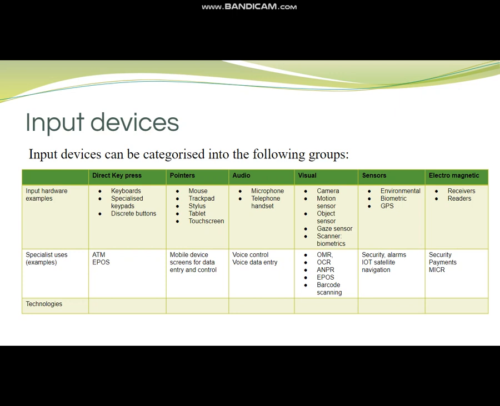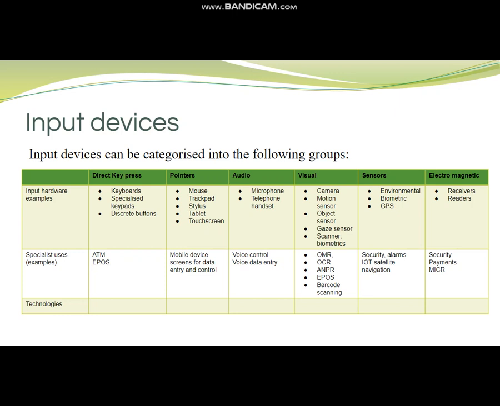Sensors can also be used in a car, for example, to detect how far away you are from an object, and then you might hear the beep coming through in the car. Then we have electromagnetic inputs as well. We have a card reader, for example, and also a receiver.